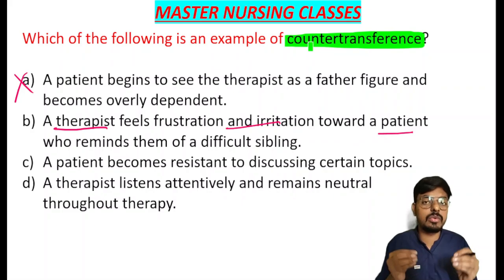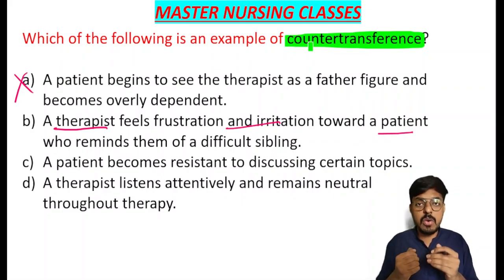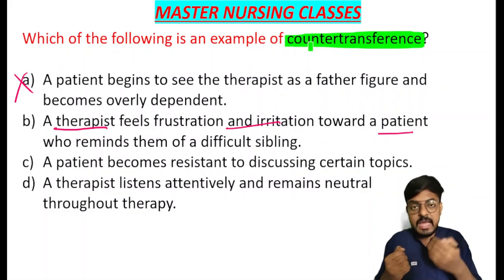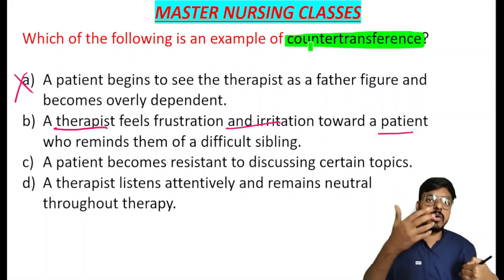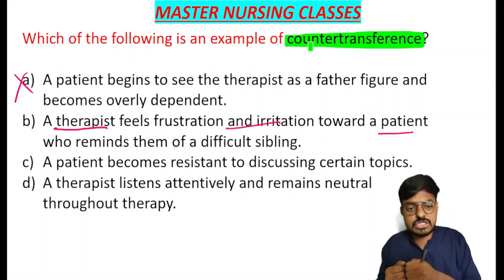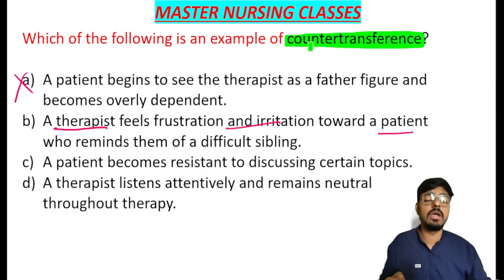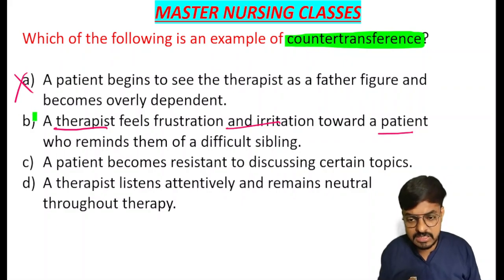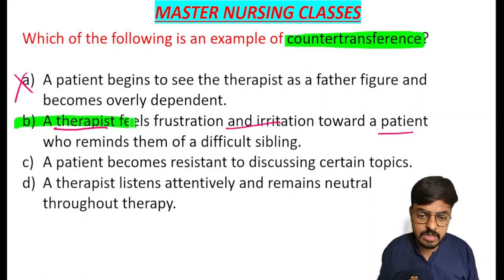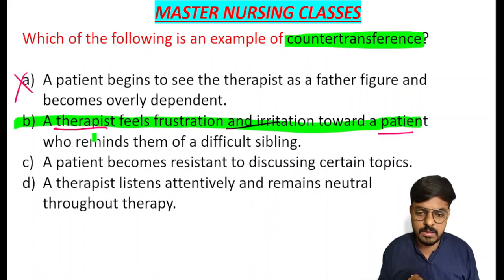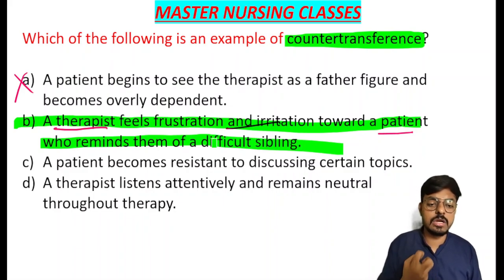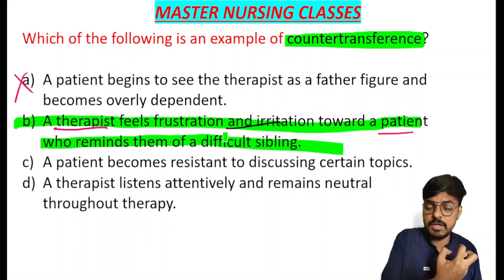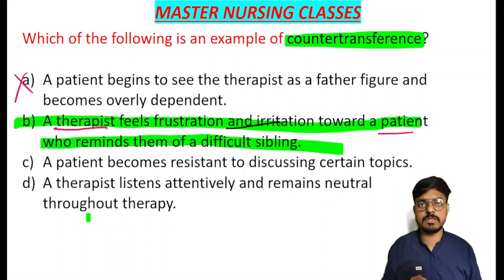Very importantly, you have to remember that counter transference is the healthcare provider showing some emotional responses to the patient, and the patient showing some emotional responses to the healthcare provider is transference. So option B is a clear cut example for counter transference, where the healthcare provider is showing some emotional responses towards our patient. Okay, that is counter transference.